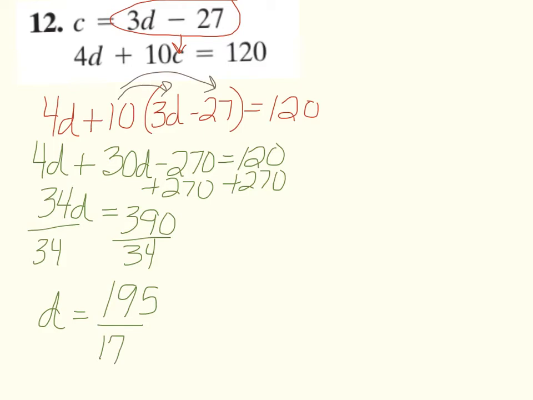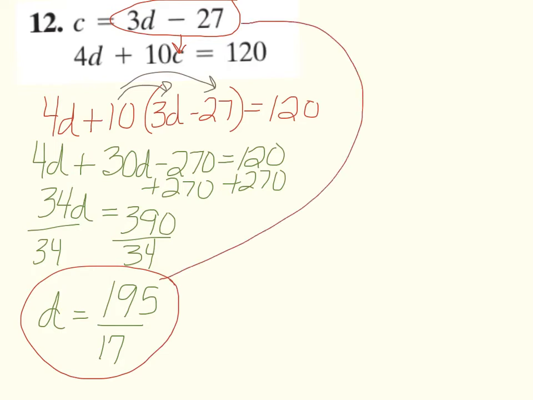Now I know you're freaking out right now because that's a horrible fraction, but go with it, okay? So we're going to take this value and substitute it right here for d. So when we do that, we have c equals 3 times 195 over 17 minus 27.